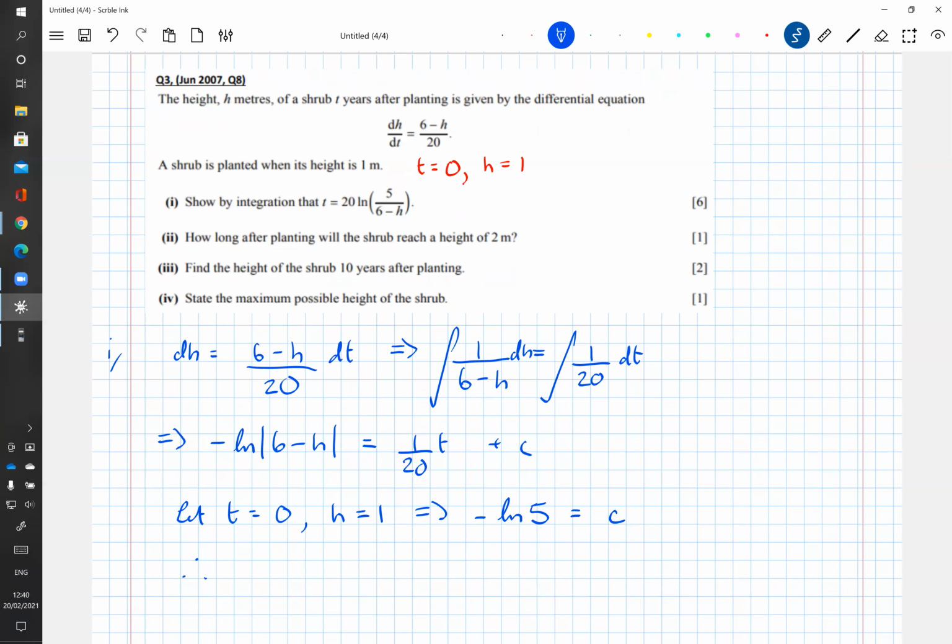Therefore, minus log mod 6 minus h equals 1/20th t minus log 5.